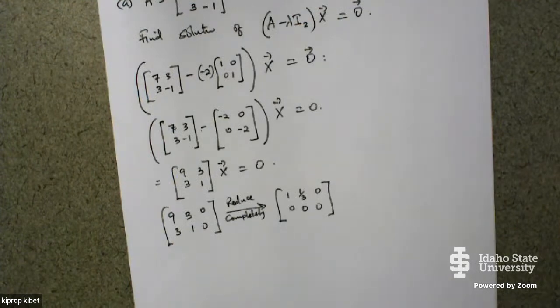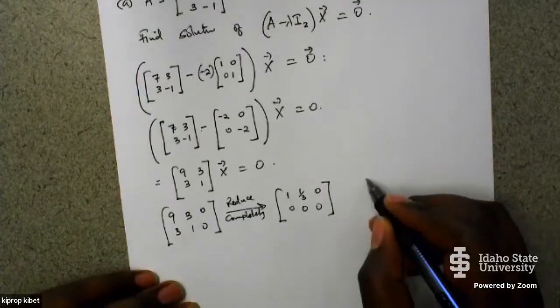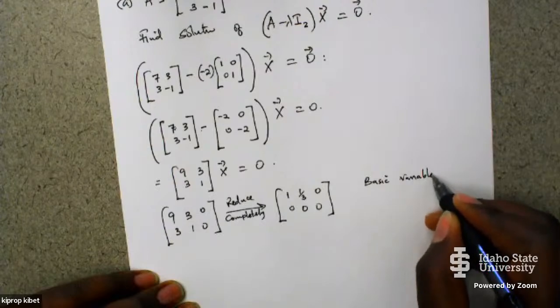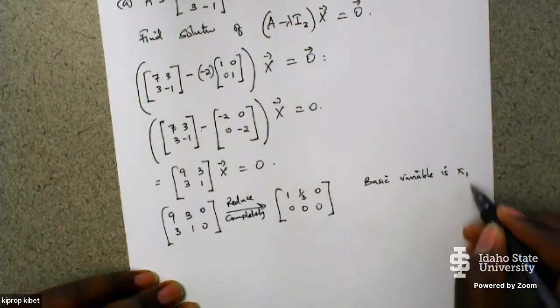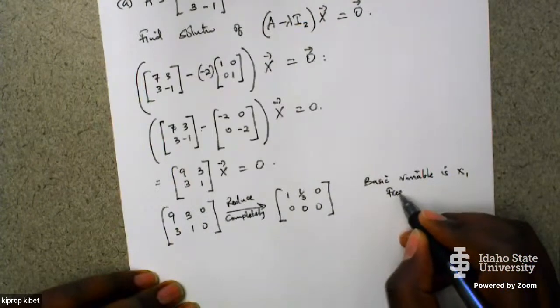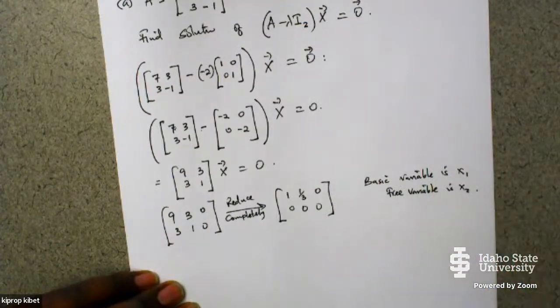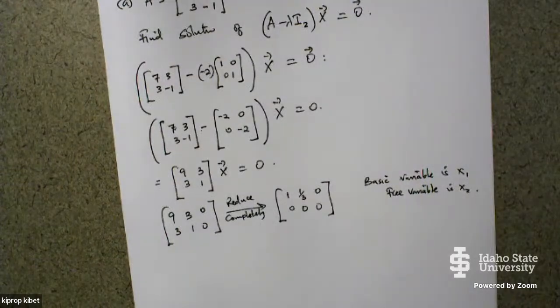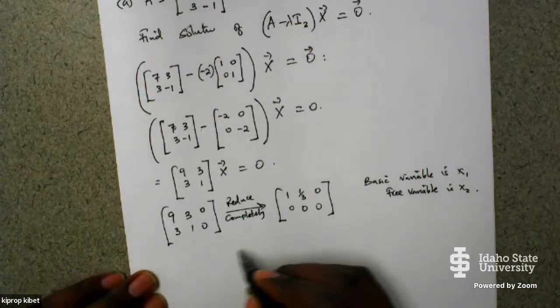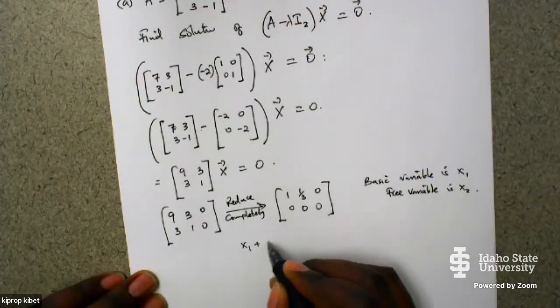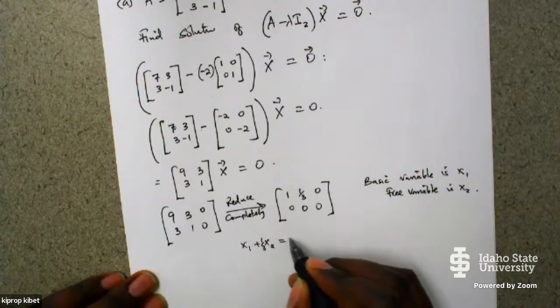Then, in this case, our basic variable is x1, and our free variable is x2. Our new linear equation is x1 plus 1 over 3 x2 equals 0.